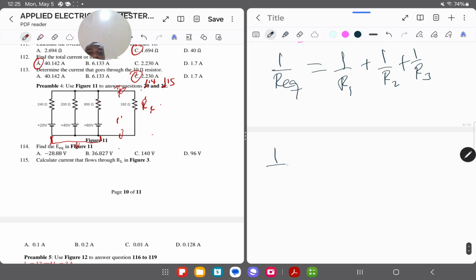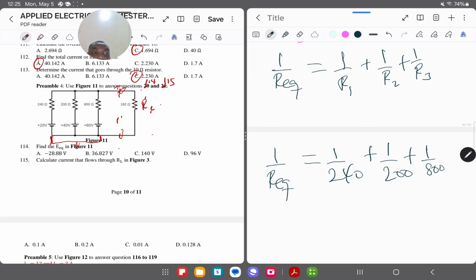So I have here 1 over the equivalent resistance equals 1 over 240 ohms, then 1 over 200 ohms, plus the last one, which is 1 over 800 ohms.